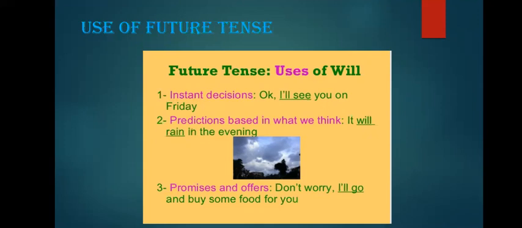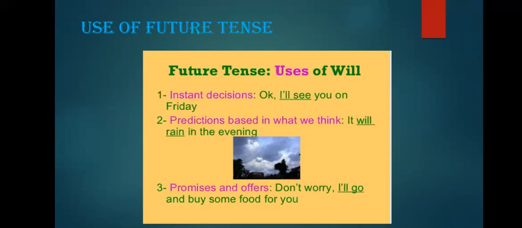Predictions based on what we think. If you are talking about your personal beliefs about something, what you actually believe in, that is called a prediction. Just like if I say that it will rain in the evening.